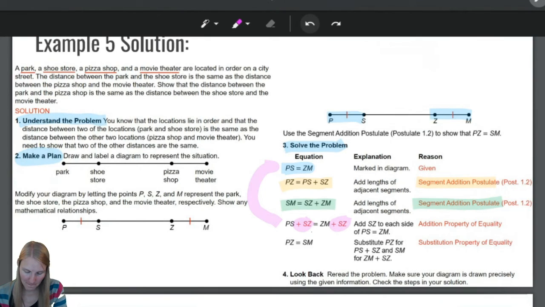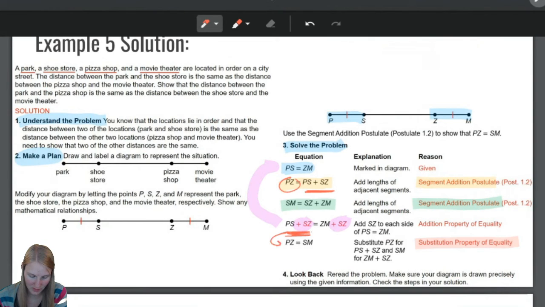And now, they used the substitution property of equality, because PS plus SZ was the same thing as PZ. So I can change this to be PZ, just like ZM plus SZ, that's the same thing as SM. So we can change this to be SM.